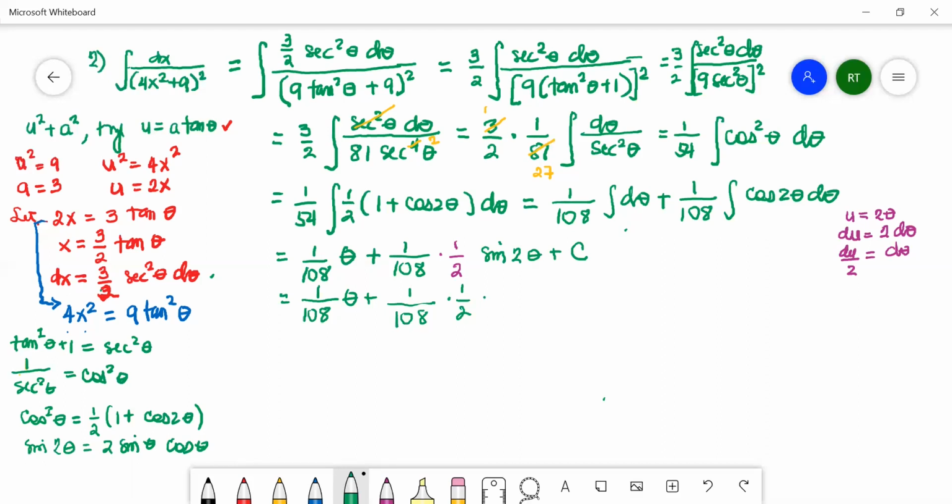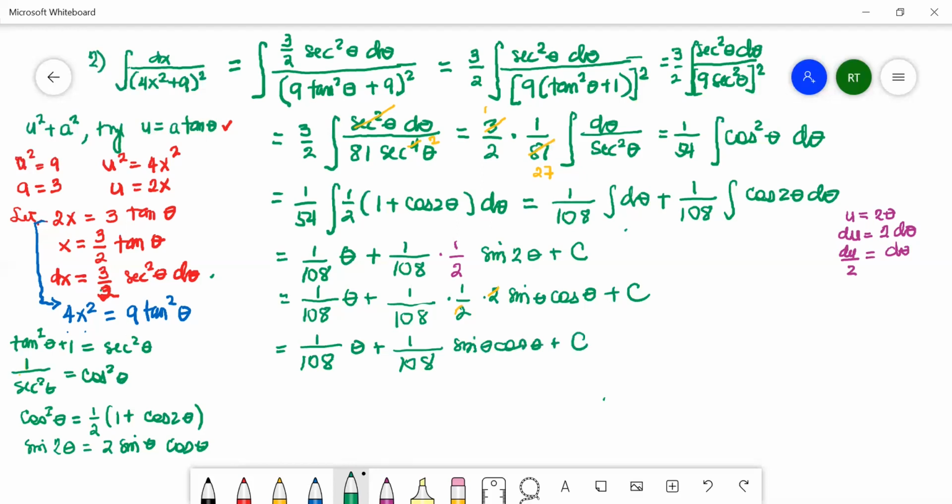So we need to express sine of 2 theta in terms of sine and cosine with the argument theta. So we have 2 sine of theta cosine of theta plus the constant of integration. And here, the 2 will cancel, which will give us 1 over 108 times theta plus 1 over 108 times sine of theta cosine of theta plus the constant of integration.